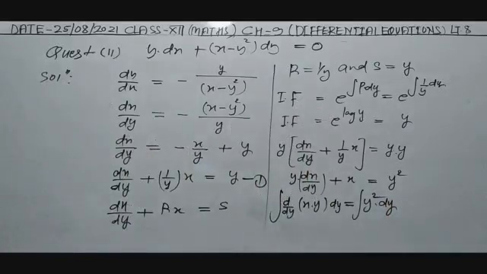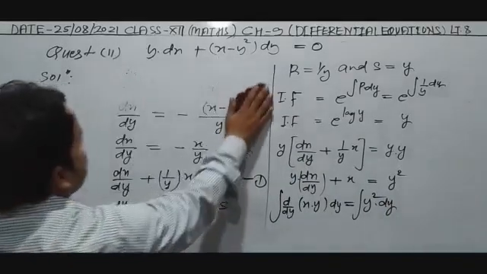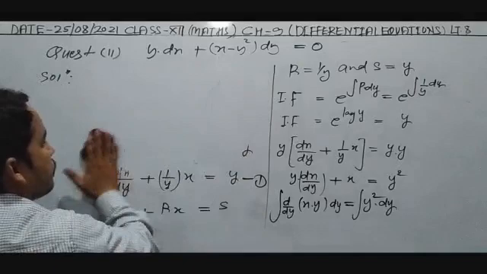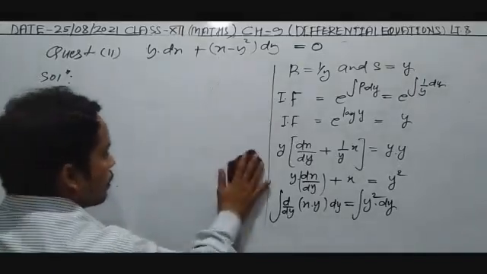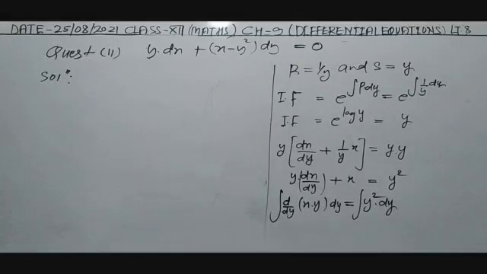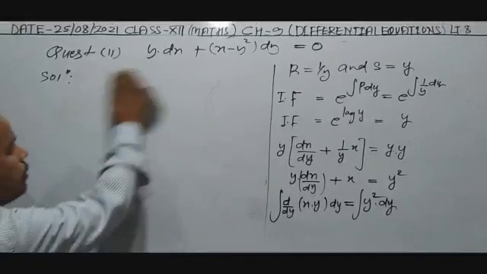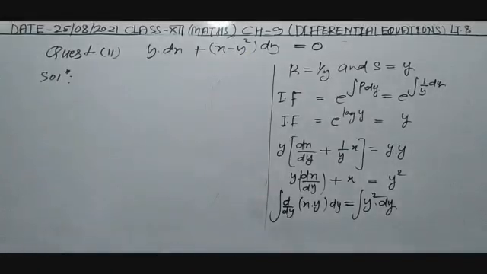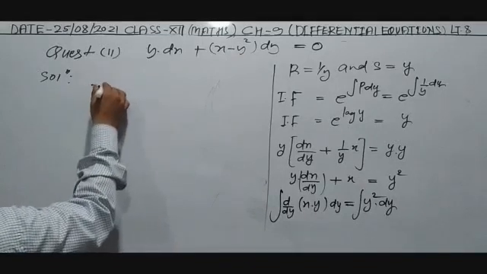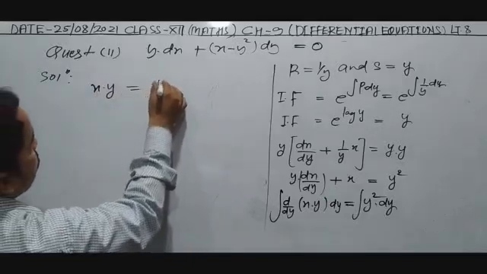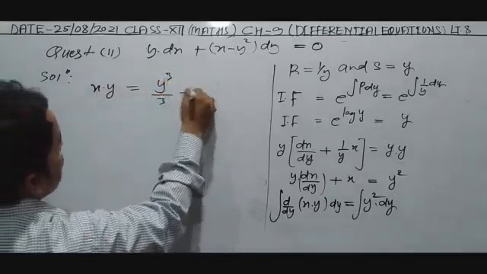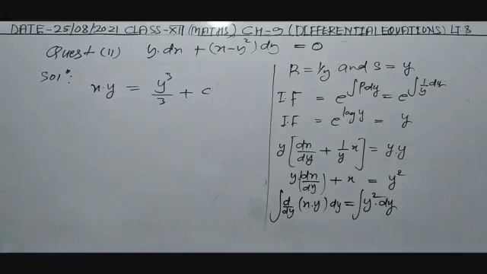The result will be x times y is equal to y cube by 3 plus c. So xy is equal to y cube by 3 plus c, where c is the constant of integration.